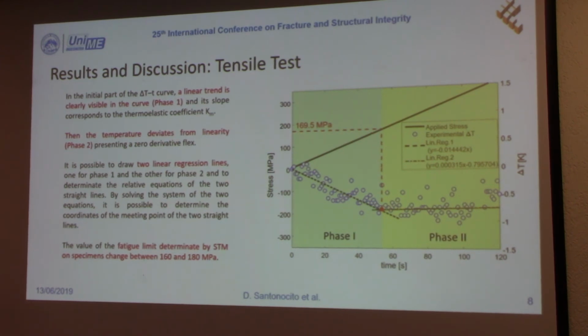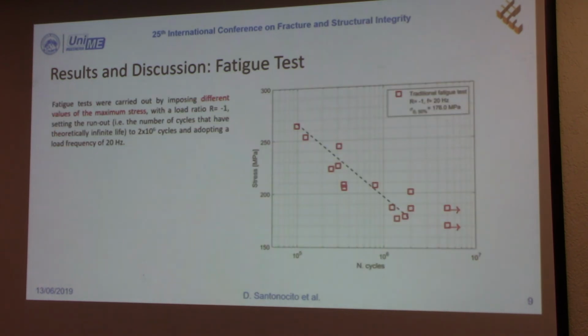For the tests, we show that the fatigue limit determined by the static thermographic method changed between 116 and 180 megapascal. A series of fatigue tests were conducted with a load ratio of -1 and a test frequency of 20 Hz.